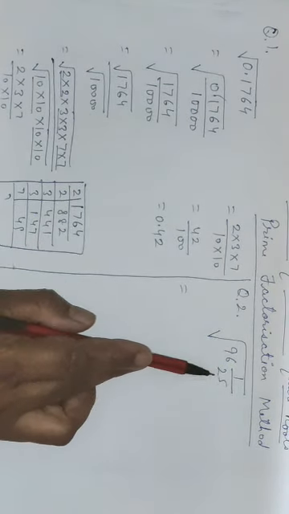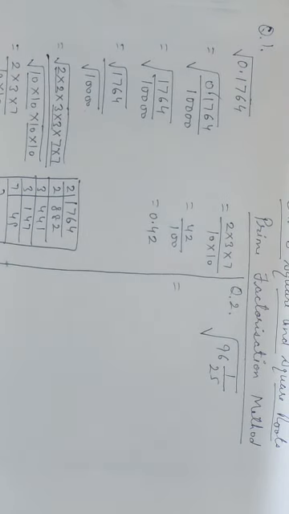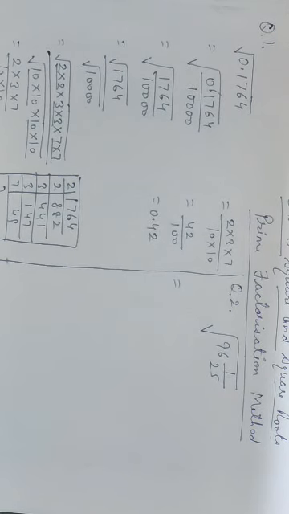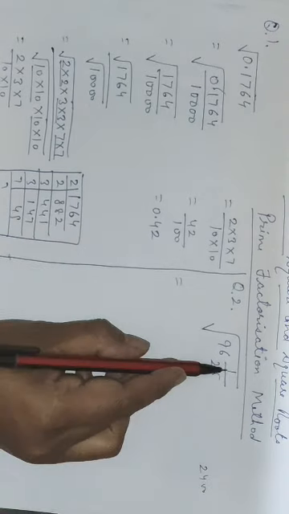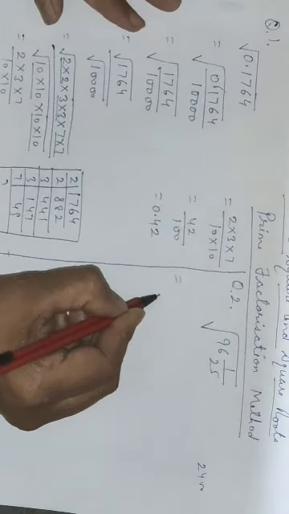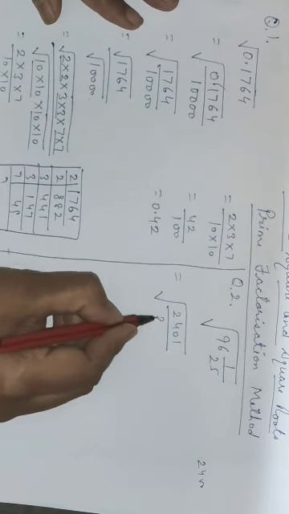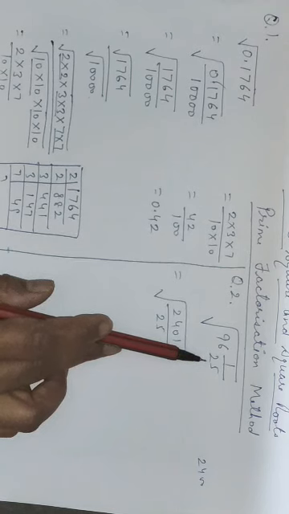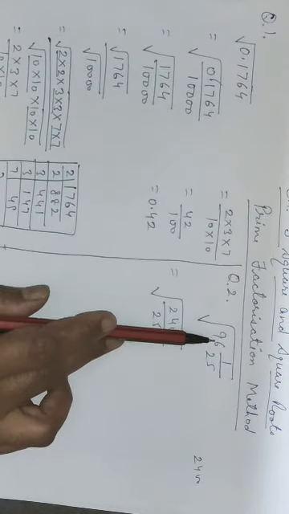We multiply 96 and 25 and add 1 to it. So 96 into 25 is 2400. When we add 1 to it, we get 2401. And the denominator will remain the same, that is 25. So what we did here is we multiplied 25 and 96 and then added 1.